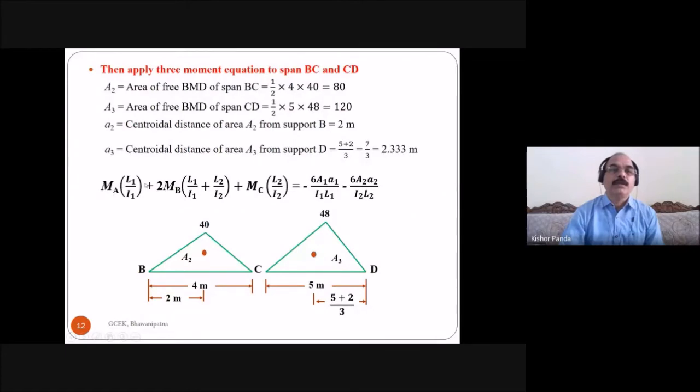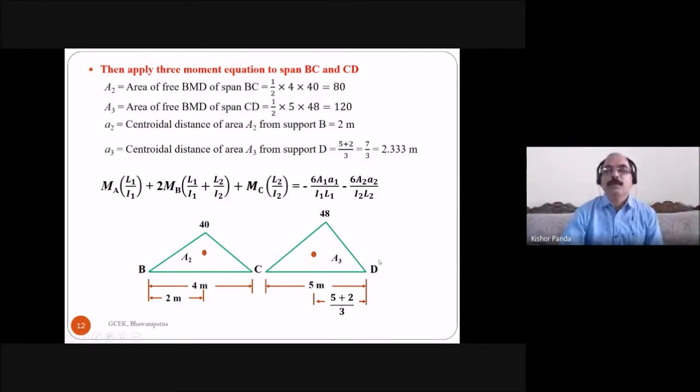In this case, MB into L1, 4 meter, by I1, I: MB into 4 by I plus 2MC, 4 by I plus 5 by I.